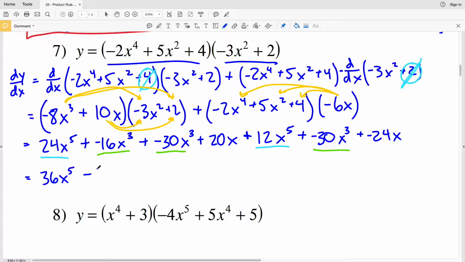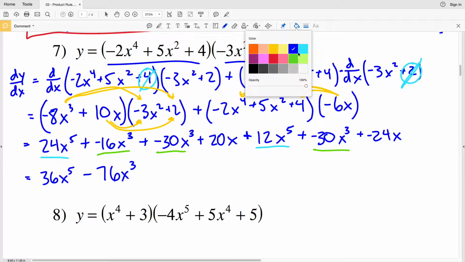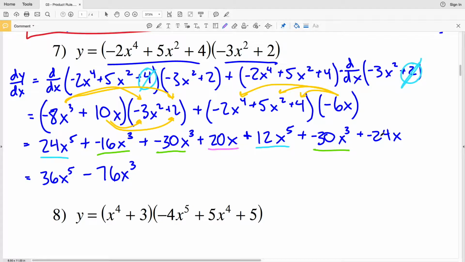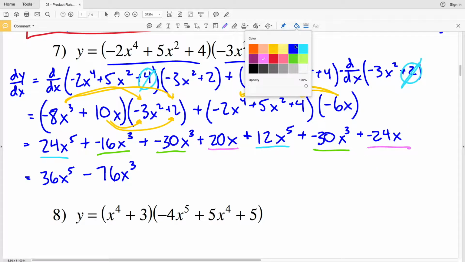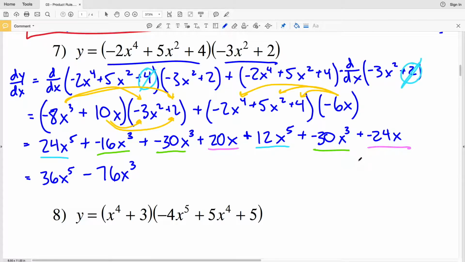So subtracting 76x cubed, and then lastly, I have 20x and negative 24x. 20x minus 24x is going to be a negative 4x. So subtracting 4x. And that is my derivative. 36x to the 5th minus 76x cubed minus 4x.